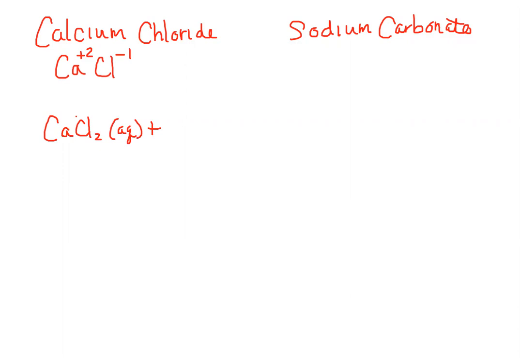And sodium carbonate, which is carbonate is CO3, and that has a -2, and sodium has a +1, so that becomes Na2CO3.